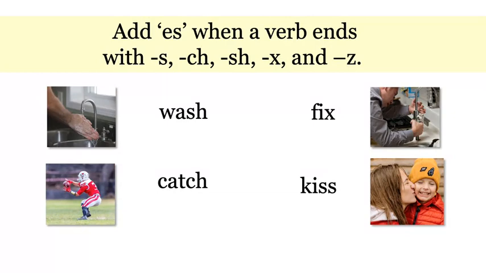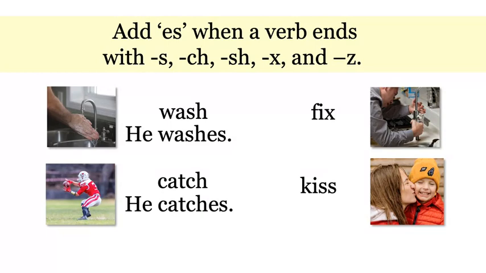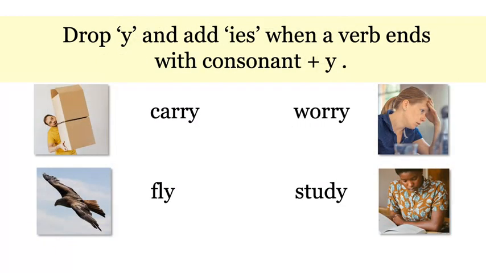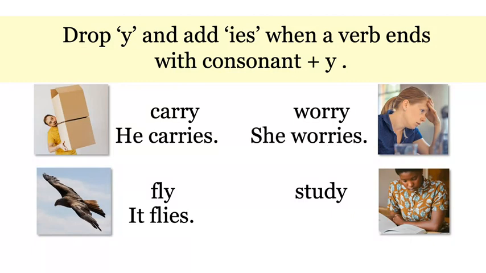For example, he washes, he catches, he fixes, she kisses. And drop y and add ies when a verb ends with a consonant and a y. For example, he carries, it flies, she worries, and she studies.